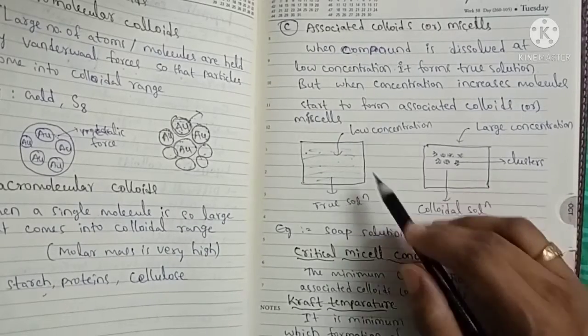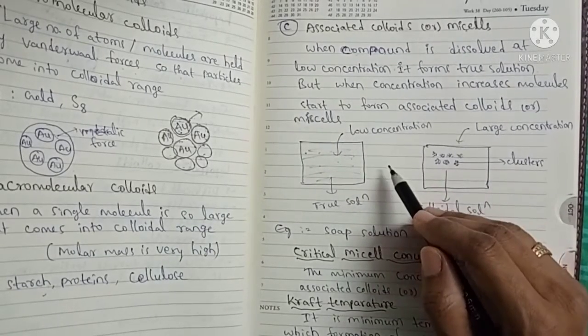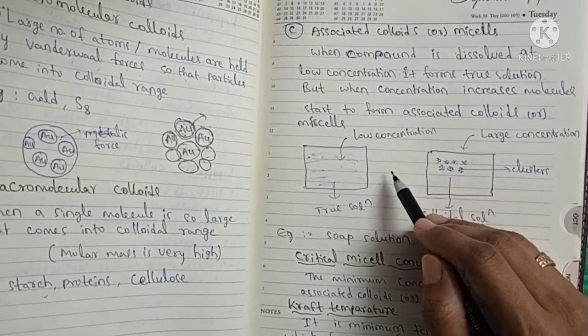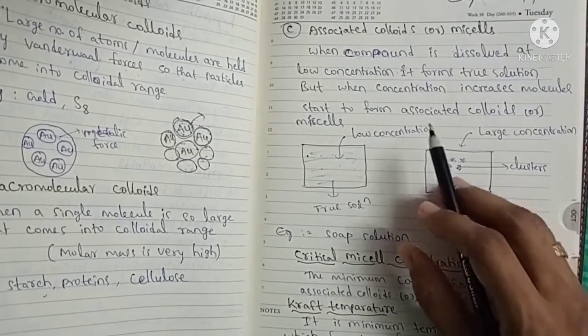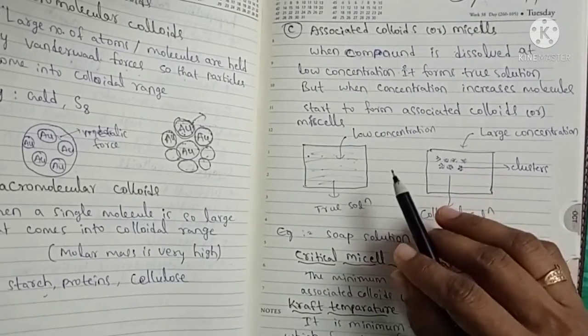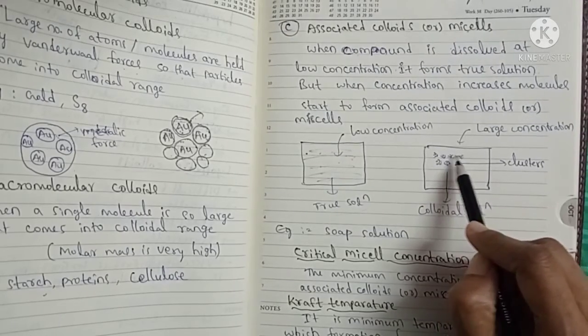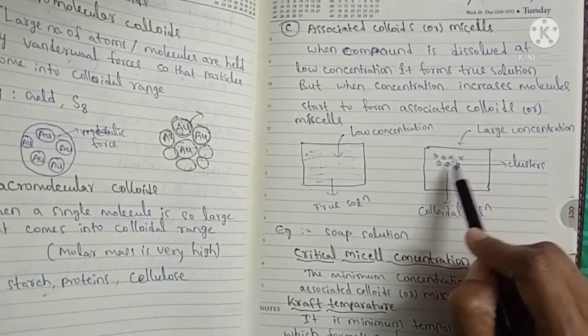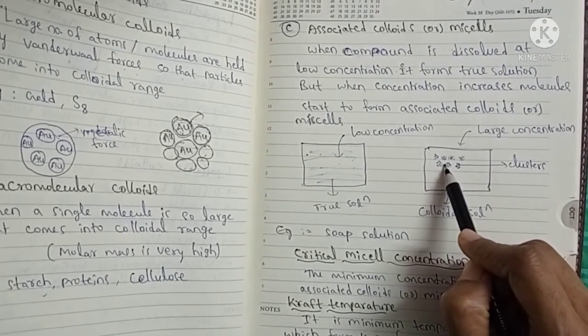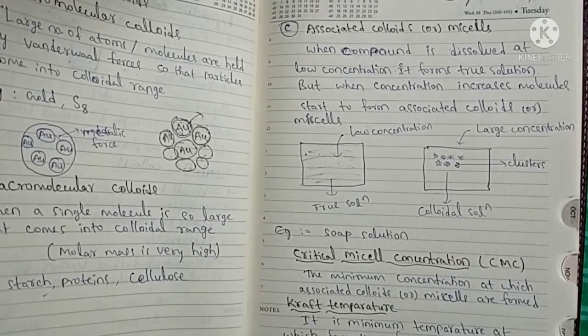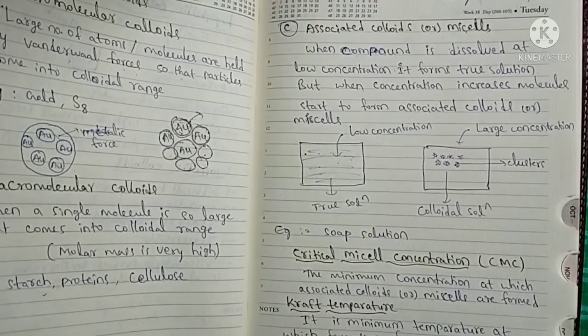But if you add a higher concentration, more amount of crushed soap, the particles will be associated and they can be formed in colloidal range. So they can form the colloidal solution.